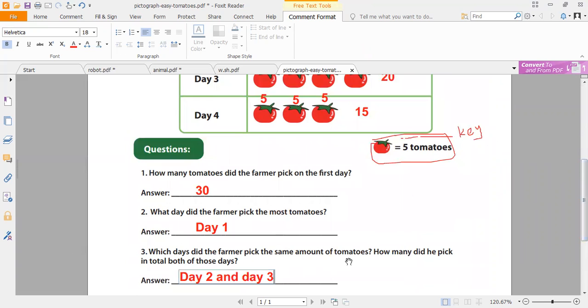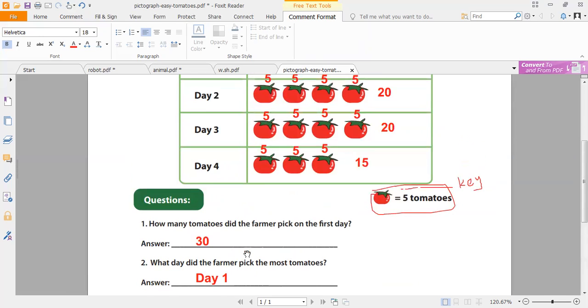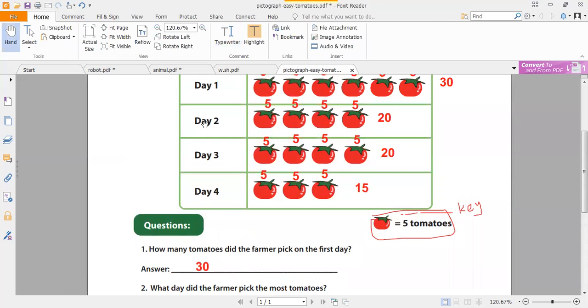Okay, this question consists of 2 questions. This is the first question. The second question is, how many did he pick in total both of those days? He wants to know the total number of tomatoes he picked in these 2 days. He picked in day 2 20, and day 3 also he picked 20. I want to know the total number of tomatoes in those 2 days.